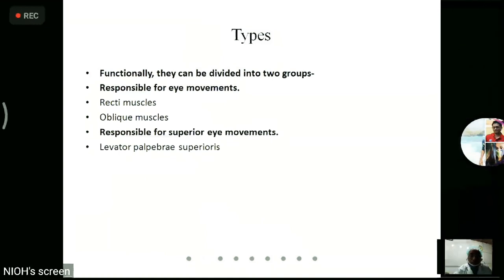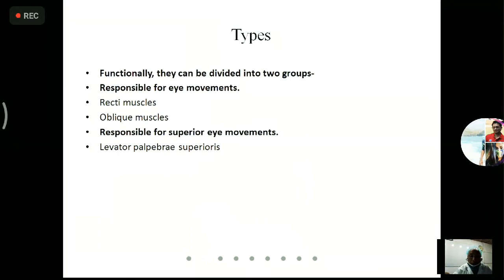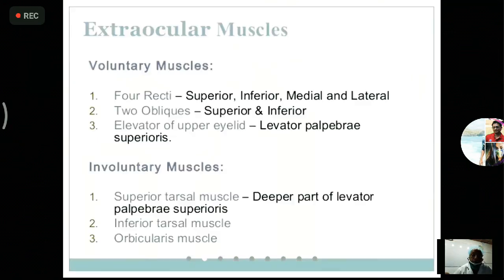Functionally, they can be divided into two groups: responsible for the eye movements, and responsible for the upper eyelid movements. The recti and oblique muscles are responsible for eye movements.